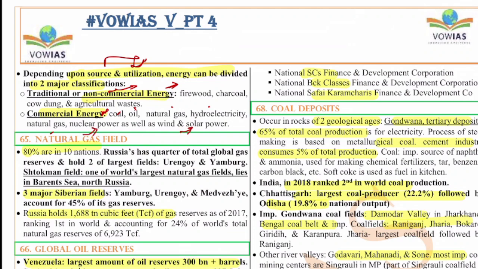So solar, wind, nuclear are part of the non-conventional sources, but still they are included in commercial energy. Traditional or non-commercial energy includes firewood, charcoal, cow dung, agricultural waste, because they are not used commercially, they are used by small players. So this is about the 64th question.